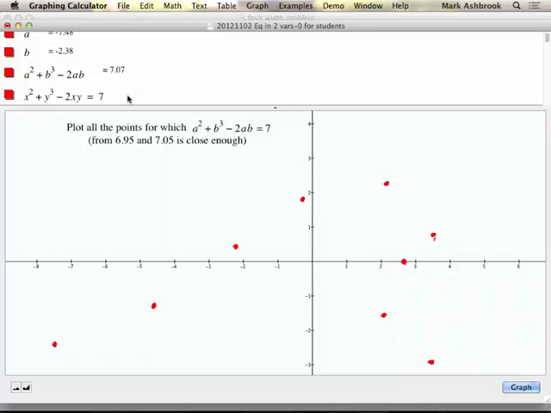What if I graph that equation? What's that going to give me? You're telling the graphing calculator, show me every place in the plane that meets that condition. That's what you were doing. So let's see what happens.